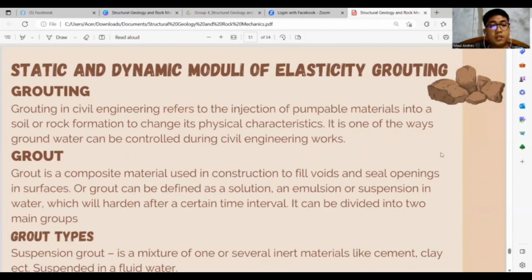Grout. Grout is a composite material used in construction to fill voids and seal openings in surfaces. Or grout can be defined as a solution, an emulsion or suspension in water, which will harden after a certain time interval. It can be divided into two main groups.